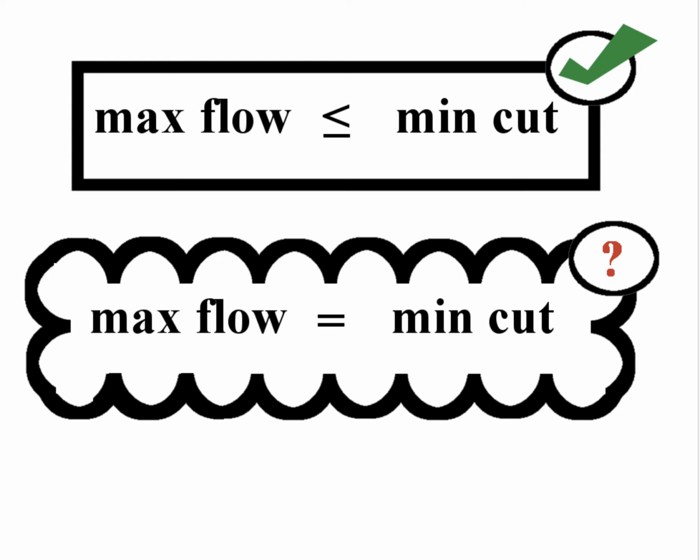And we will now, the one proof of this fact is by using the Ford-Fulkerson algorithm. So I will now describe the algorithm, and this algorithm will find the flow of maximal value and the cut of minimal capacity, and the capacity of that cut will be the same as the value of the flow.